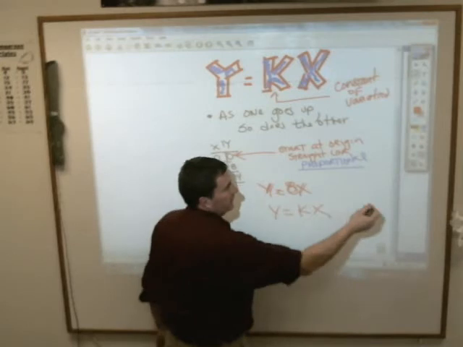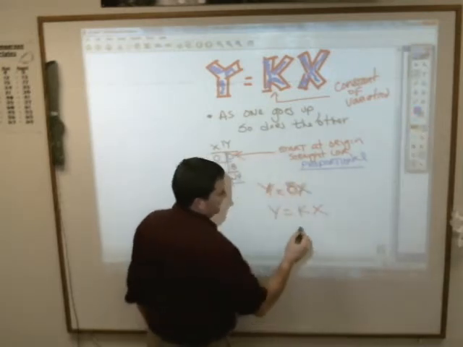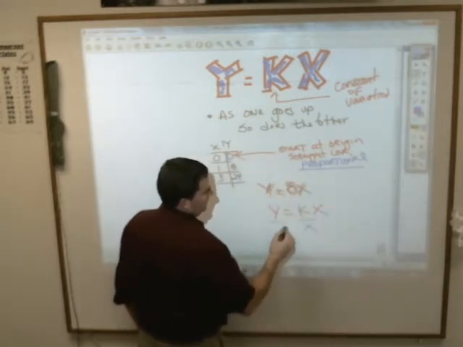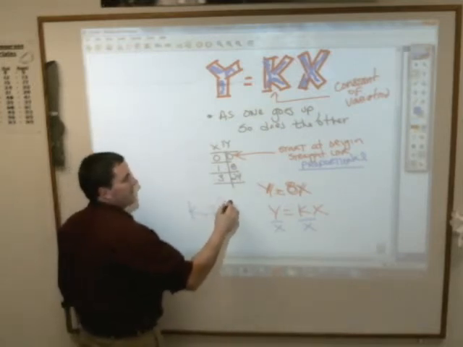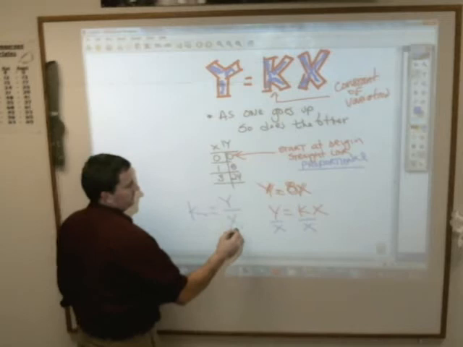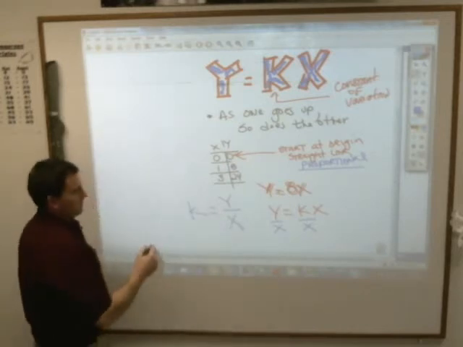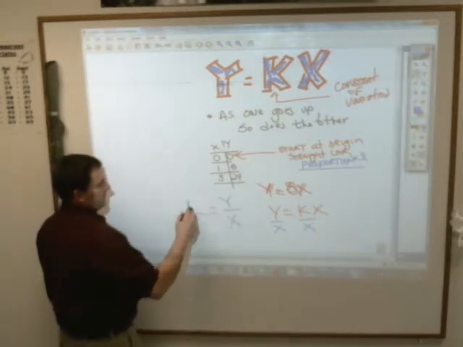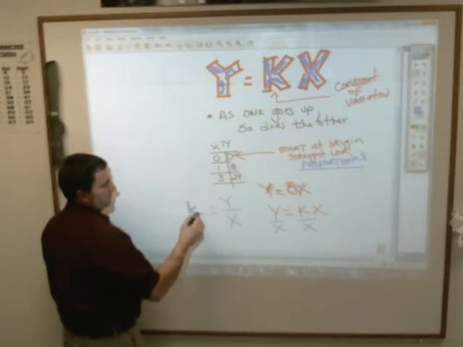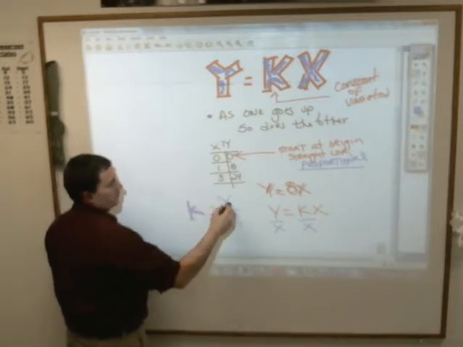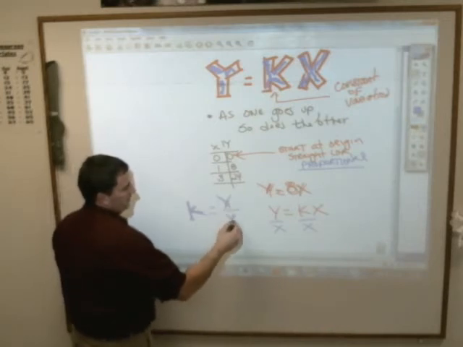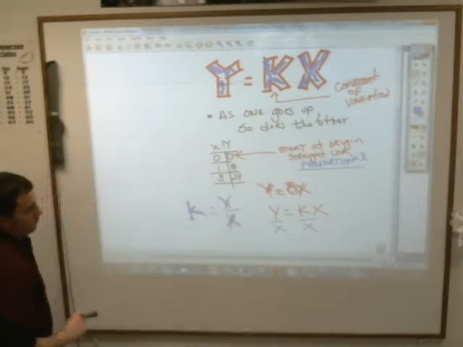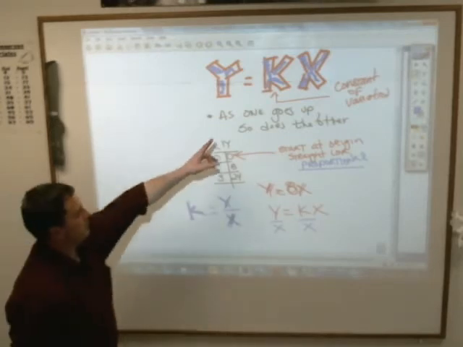So another formula that is the same thing is this: divide by x, divide by x, k equals y over x. That's another important one to remember. To find the constant of variation, you take y and divide it by x, and that will tell you the number that you stick in right here.